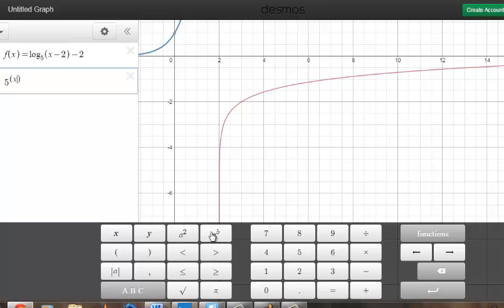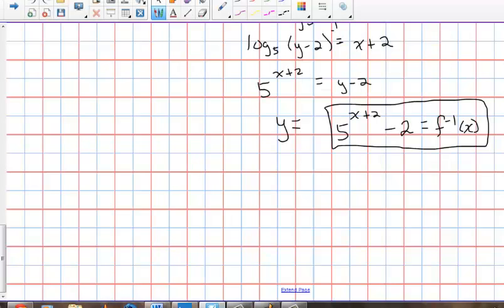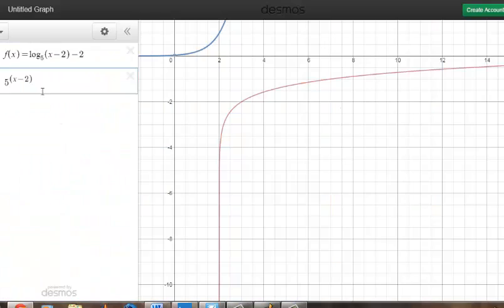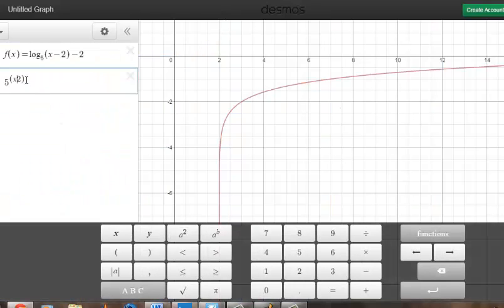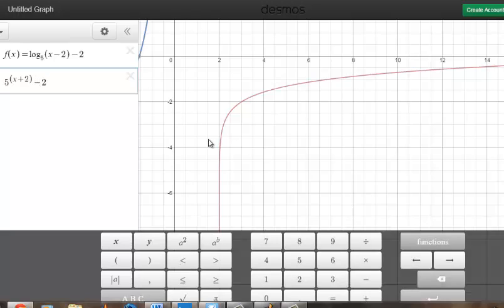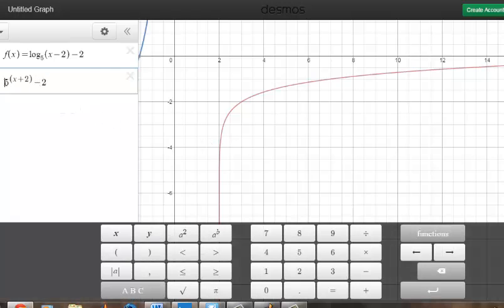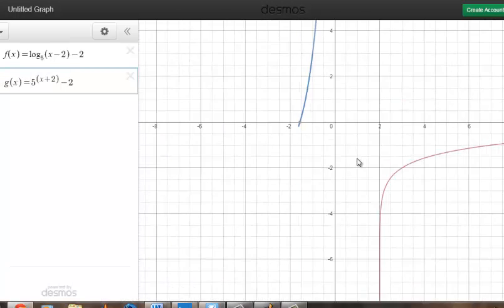There we go. And then, oh, it's x plus 2 minus 2. Alright, actually, let me have this equal to g of x. Okay, now let's take a look at this graph.